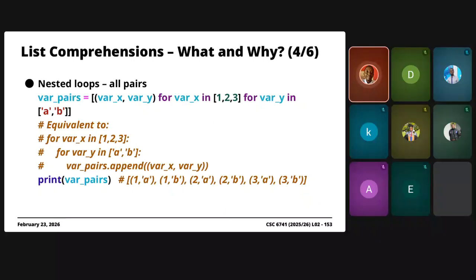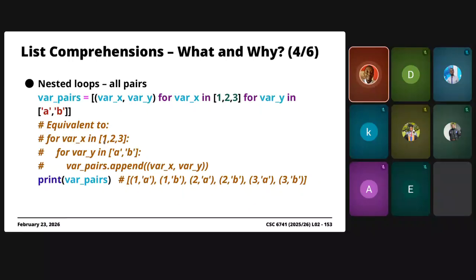Now, in the event that you are wanting to implement nested loops, it turns out that you can again take advantage of list comprehension. So, for instance, assuming we wanted to loop through numbers 1, 2, 3.